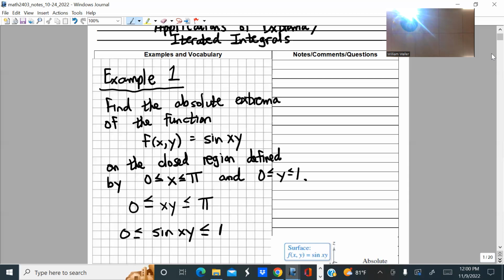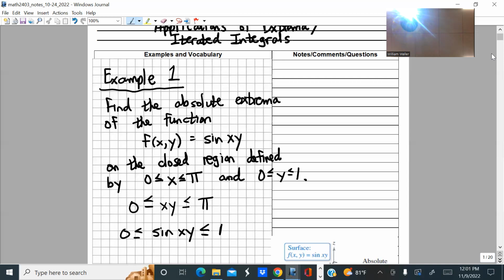It would also happen if x is pi and y is 1, then this product would be pi, and sine of pi is also 0. So it's definitely possible for the output of the function to be 0. It's also possible for the output of the function to be 1.